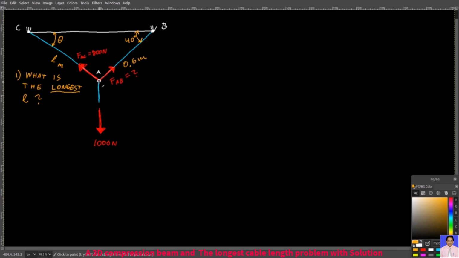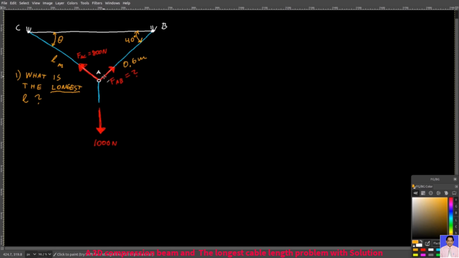It means that you can have several lengths for this situation, meaning that you can have this 800 newton force and this 40-degree angle and this 0.6 meter long wire on the other side.